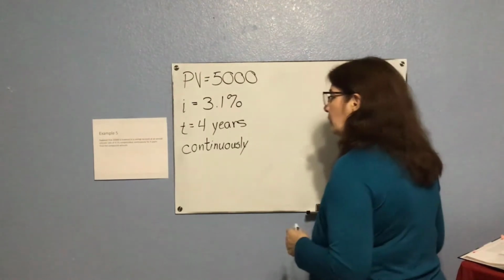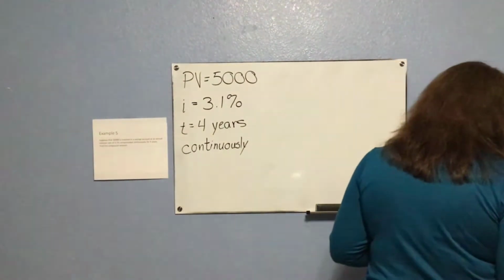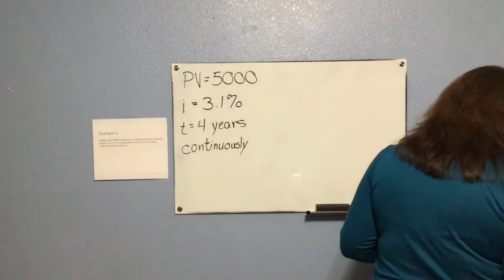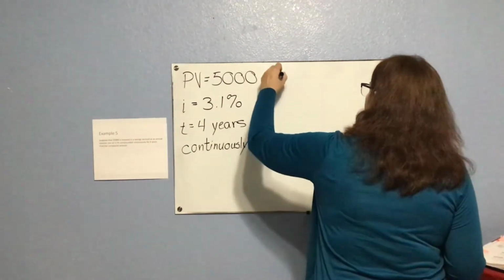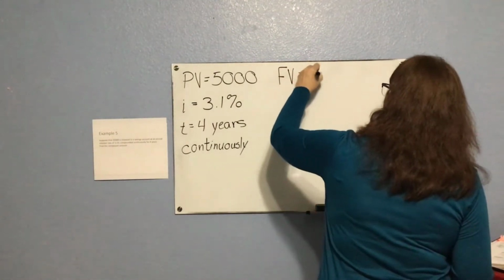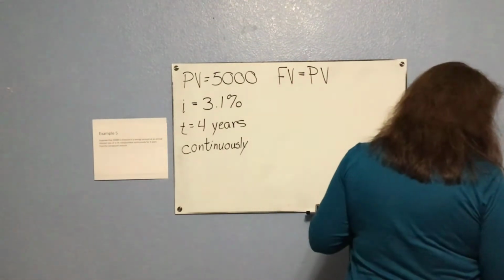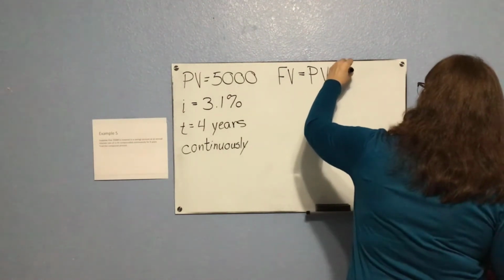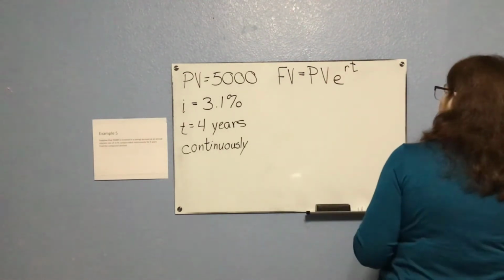We have a different equation for this. And we use our old friend e. So for continuous compounding, the future value is equal to the present value times e to the RT power.